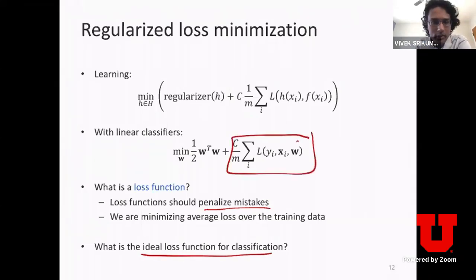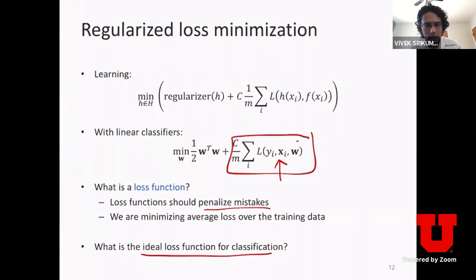This is for a single example, so the loss function could be: did the classifier make a mistake on this example or not? If you add those individual mistakes up, you get the number of mistakes.